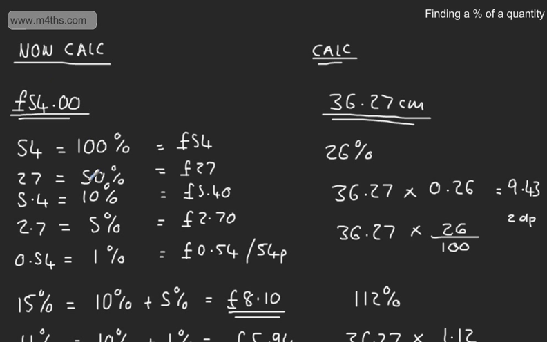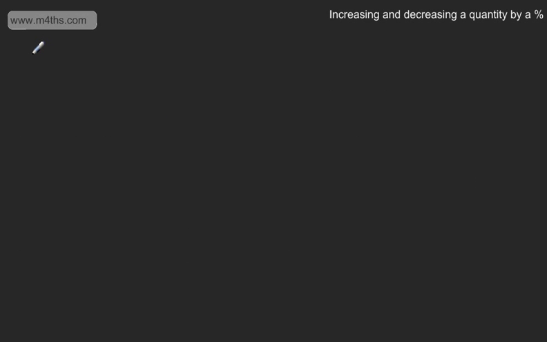Okay, increasing and decreasing a quantity by a percentage. So if we go back here, we've looked at non-calculator and calculator. Let's say we wanted to increase £54 by 10%. If this was non-calculator, we would find 10% and add it on.